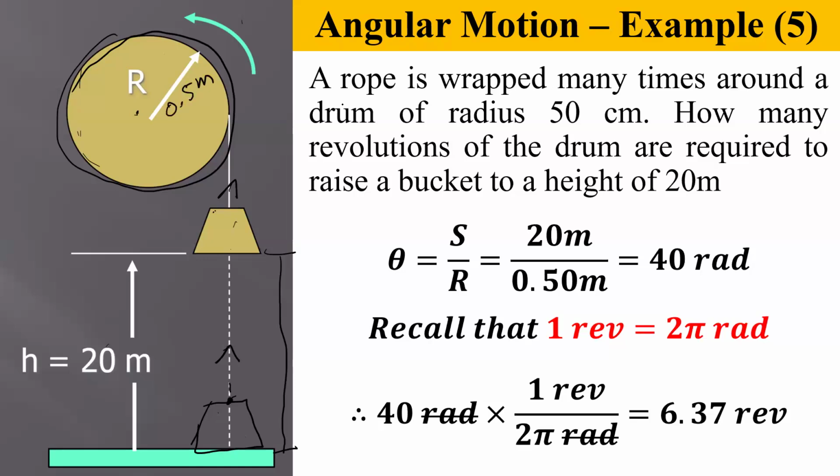That's the radius. Now, how many revolutions of the drum are required to raise a bucket to a height of 20 meters, to cover that distance? What do we know? We know that the angle theta is equal to S upon R.